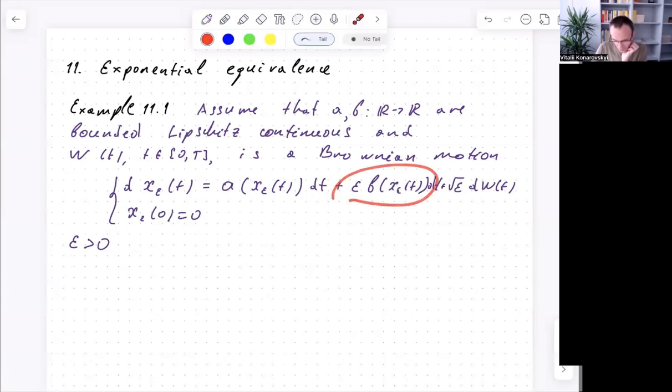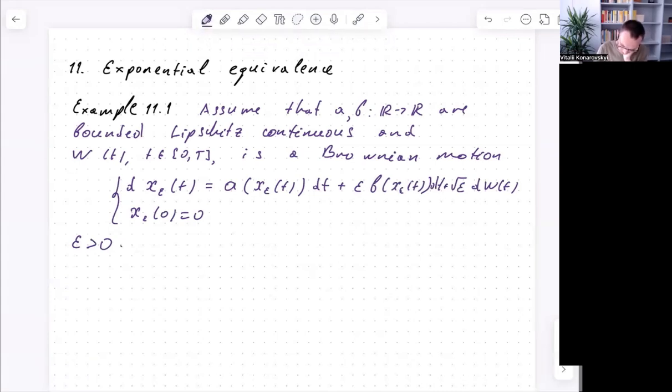With this new term, we have a new equation, and the question is, does this equation satisfy a large deviation principle? If it does, what is the rate function, and so on.